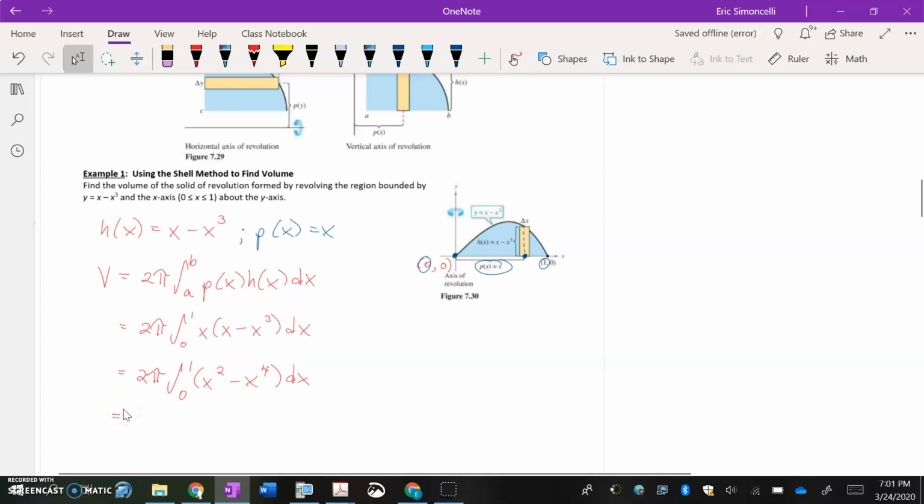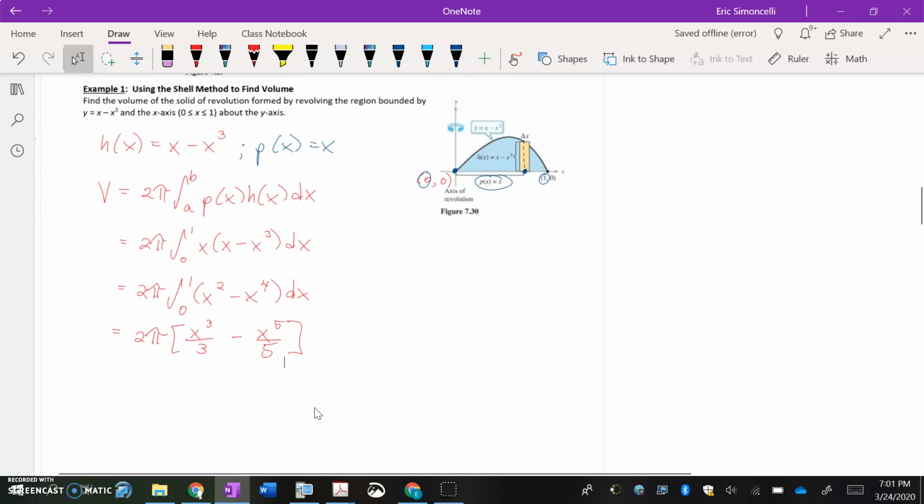If we continue this, it's not terribly difficult, like I said, such that we'll have 2 pi times the integral of x squared, of course, is x to the third over 3, and this x to the fifth over 5. And with further analysis, which you guys know, simply plugging in 1 and then plugging in 0, we'll have the following quantities.